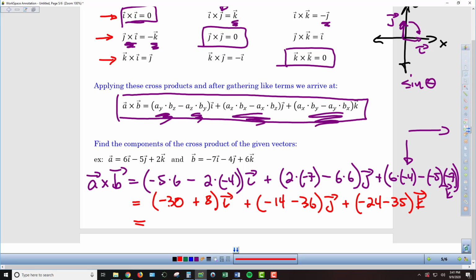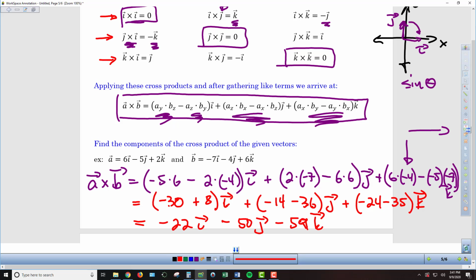And then finally I've got negative 22i minus 50j, and then minus 59k. And so those are the components of the cross product of those two vectors.